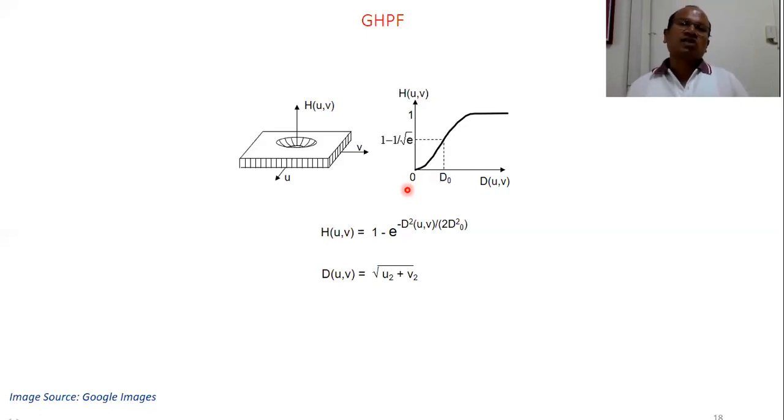Then in this lecture, we continued our discussion on Butterworth low pass and Gaussian low pass. We have seen that ideal low pass and Butterworth low pass have the difficulty of ringing effect, whereas in the Gaussian low pass filter, there is no ring-like structure.